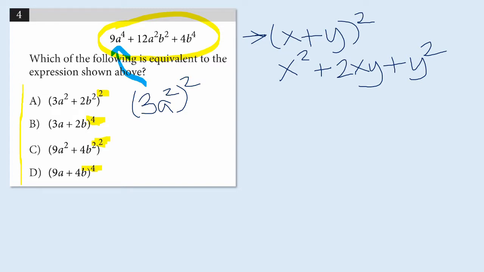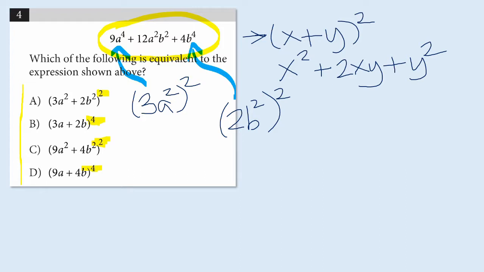Okay, now let's look at the last term. 4b to the 4th power is what term squared? Well, that's going to be 2b squared squared, because 2b squared times 2b squared is 4b to the 4th. And what do you know?